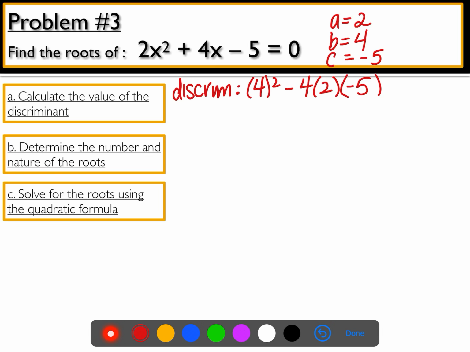Okay, be careful of those negatives when you're evaluating. Okay, we get 56. So 56 is not a perfect square.